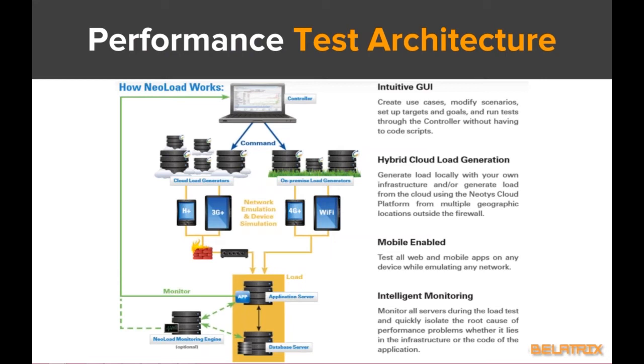The architecture is basically composed of a controller, which is, let's say, the brain of the operation. Also, there are the load generators, which are controlled by the controller, and we can say that these guys are like the muscles of the performance testing, because they are in charge of generating all the load, all the simulation of virtual users.